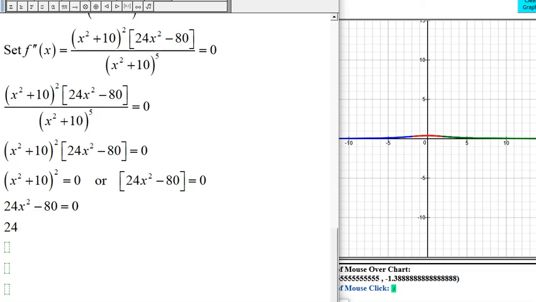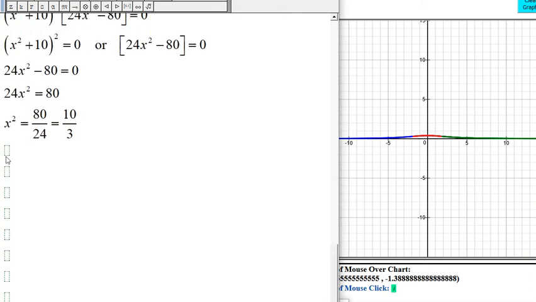And so the only thing that could be 0 is this. So we get 24x squared. Now add 80 to both sides. We get 80, and so x squared is 80 over 24. And if we reduce this, divide the top by 8, divide the bottom by 8, then we get 10 over 3.